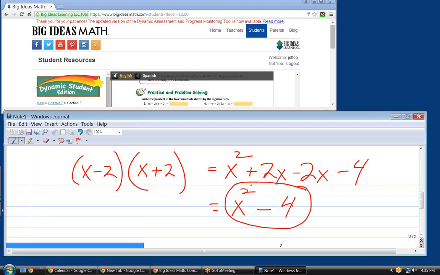No. Well, x squared is a perfect square, 4 is a perfect square, and we're taking the difference between them. Oh, all right. When you have the difference of perfect squares like this, it always factors into two terms that only differ by the sign that's in the middle. In other words, x minus 2 times x plus 2.